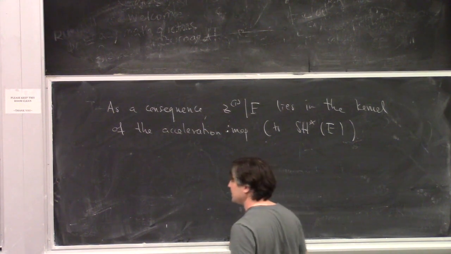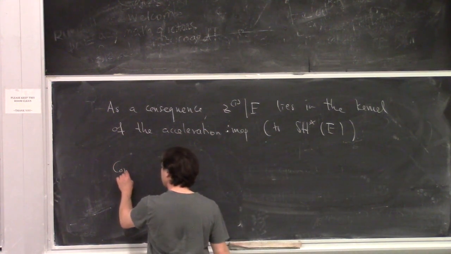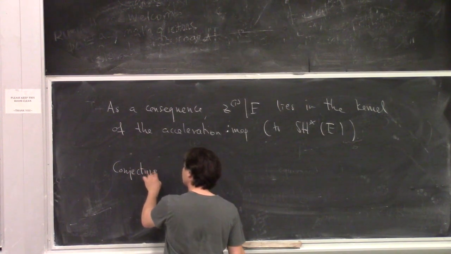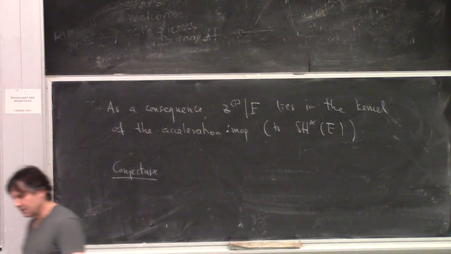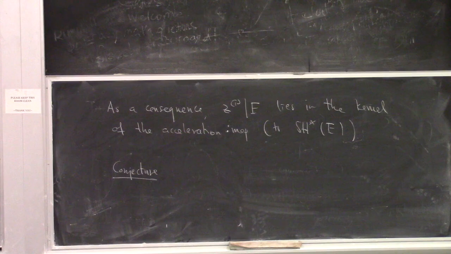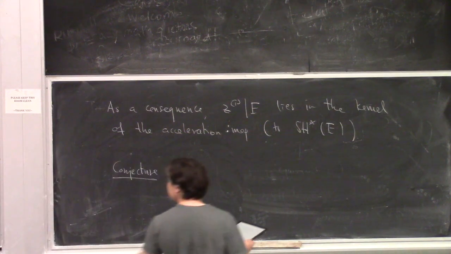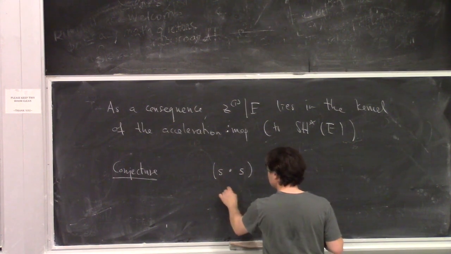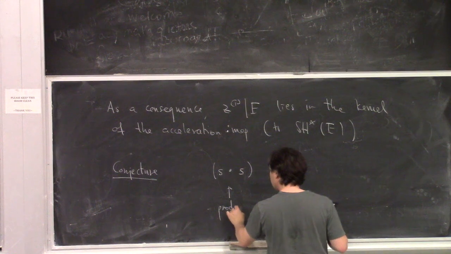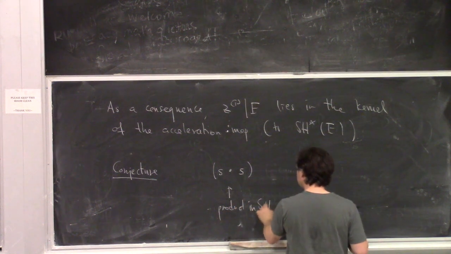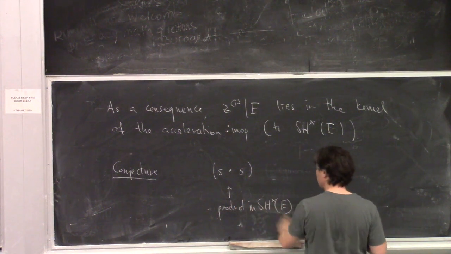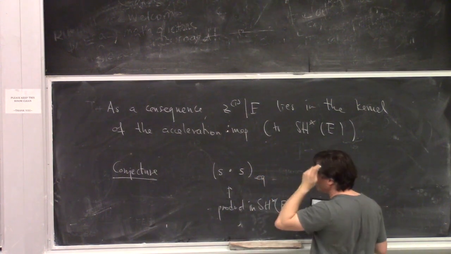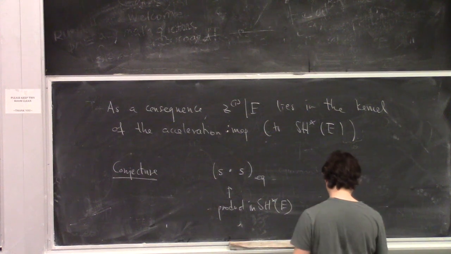Okay, so this is here, and then the second guy here is unfortunately conjectural, and it's a mess, and I have no idea why. This is this guy here. So you take S, and you take the product, so it's a product in SH star of E. Okay, and I ask, what is this thing here? Where does it come from?